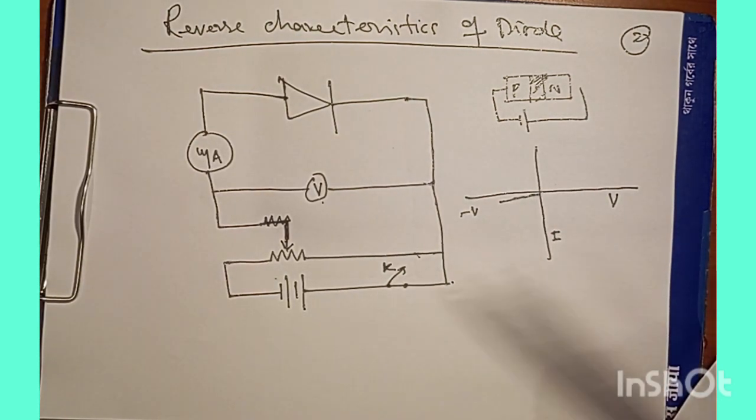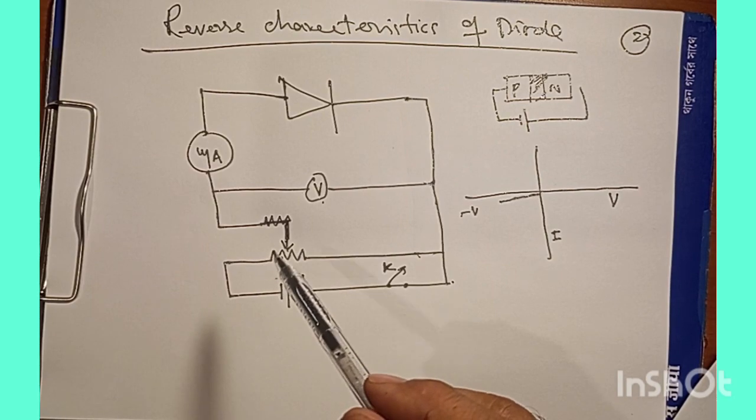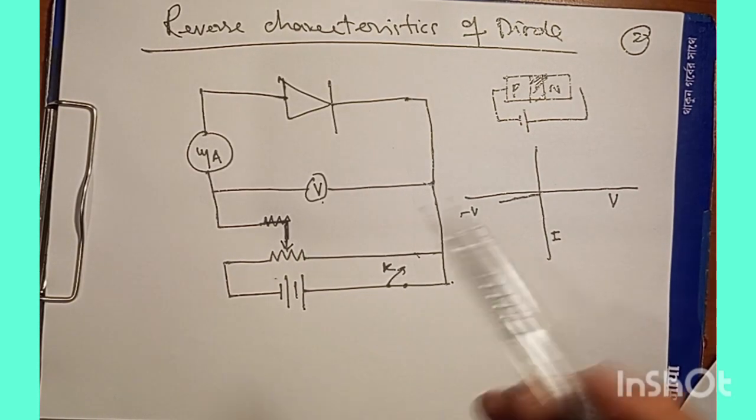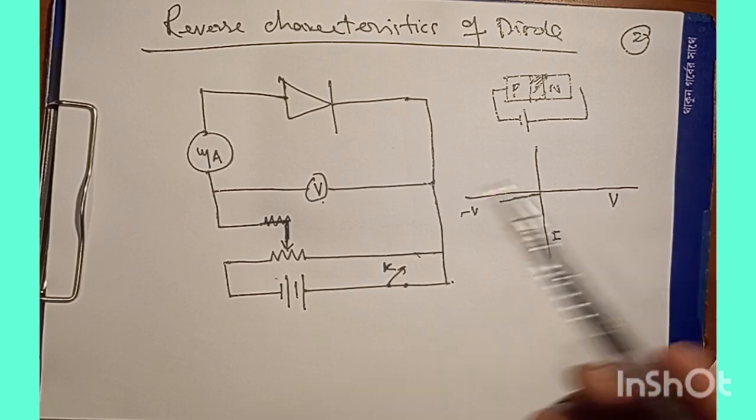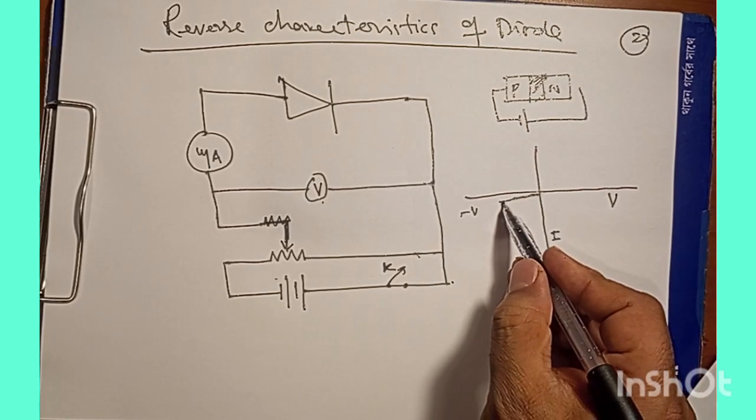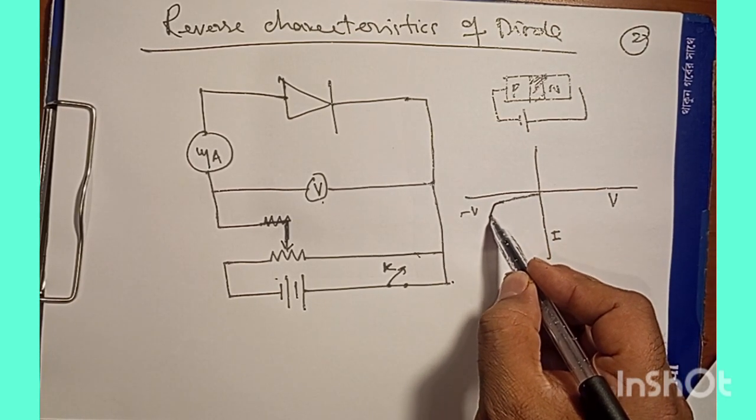As a result, electron hole pairs are produced, which diffuse through the junction, and hence there is a sudden rise in the reverse current.